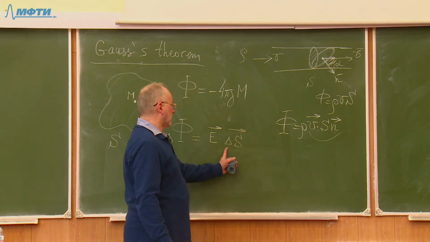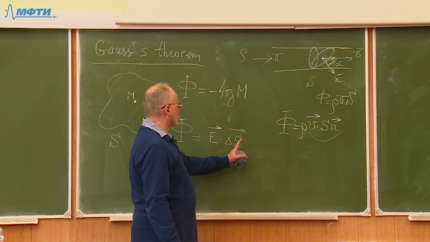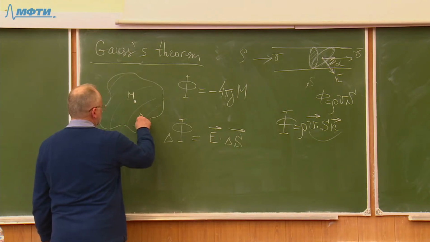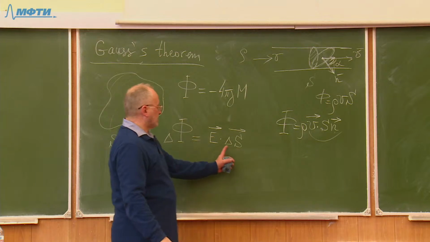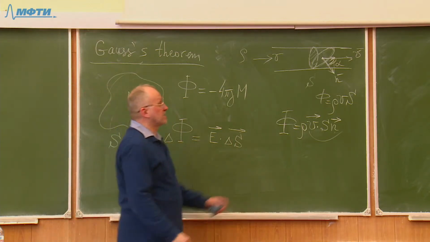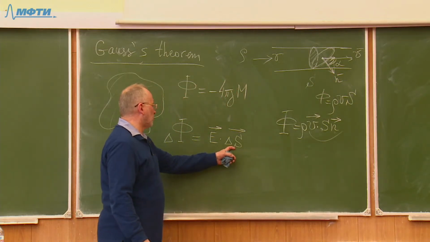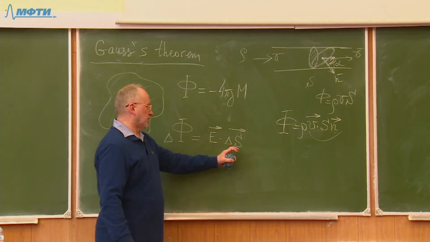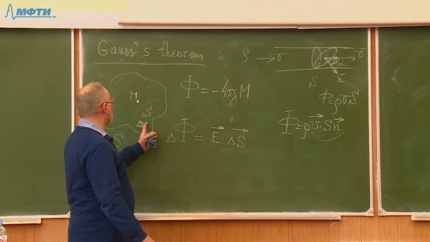Vector of delta S in magnitude is equal to some small area, delta S of the surface. And the direction of this vector is perpendicular to this surface, exactly like what was shown in this picture. This vector is perpendicular to elementary small surface, and the length of this vector is equal to the surface area.